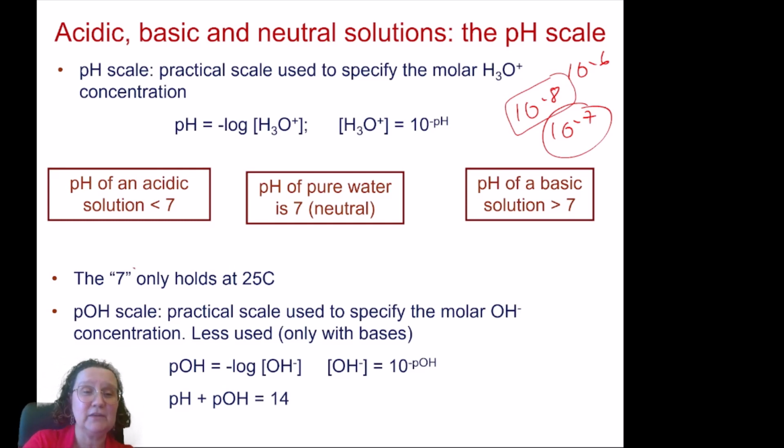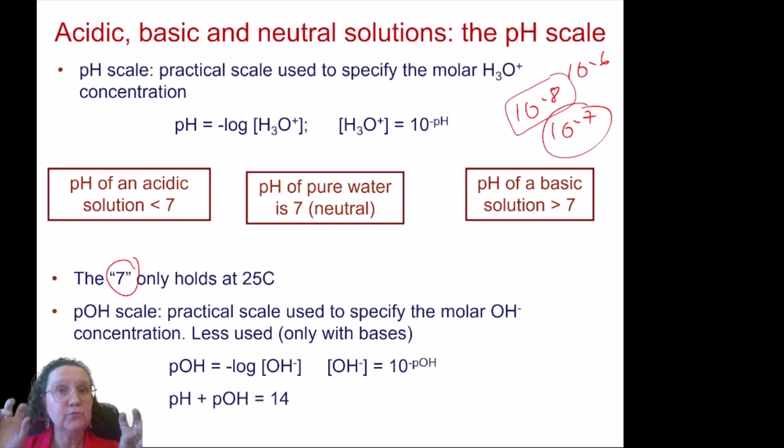The concept of acidic, basic, and neutral solution holds at any temperature, because at any temperature, whichever it is, you will have for water the same amount of hydrogen ions as hydroxyl ions. But the number 7 only holds at what we call room temperature, because the number of hydroxyl ions and hydrogen ions at other temperatures for water will be different.